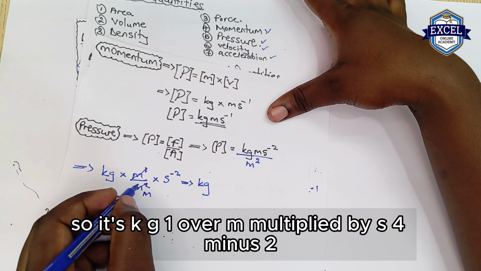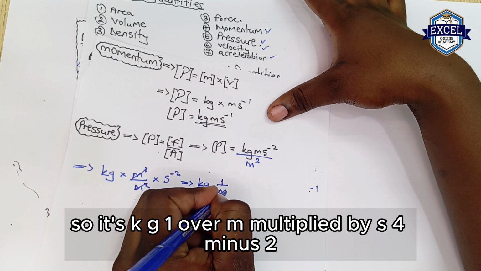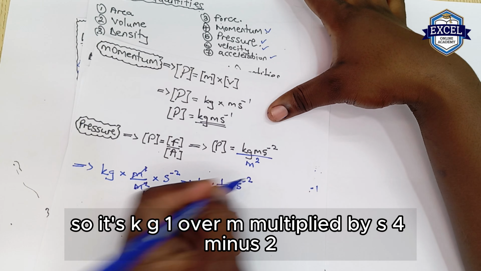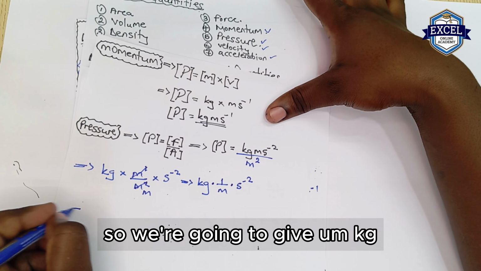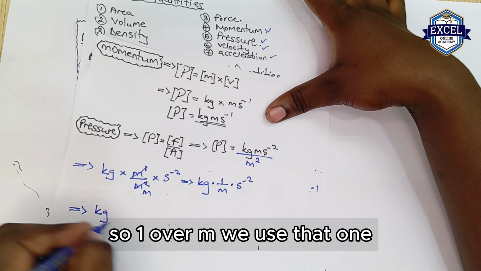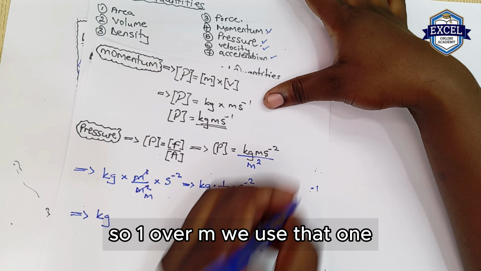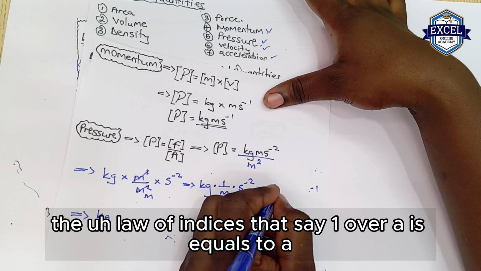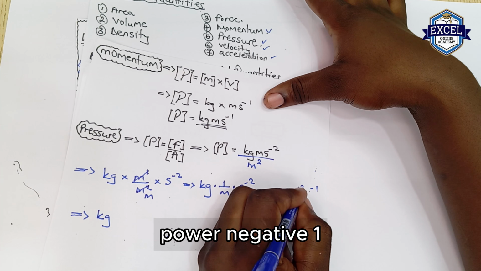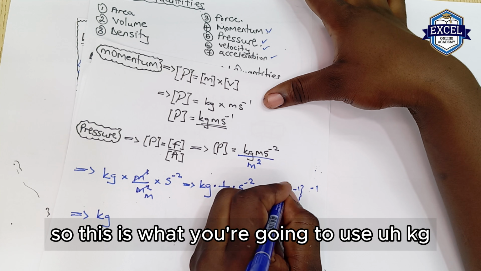So it's kg, 1 over m, multiplied by s power minus 2. So 1 over m, we use the law of units. Let's say 1 over a is equal to a power negative 1. This is what you're going to use.